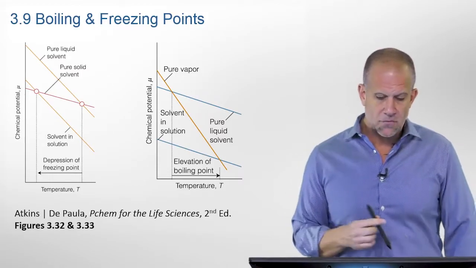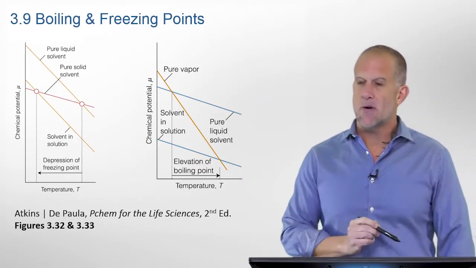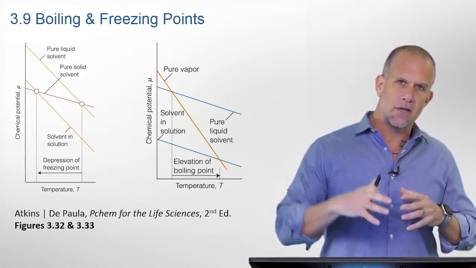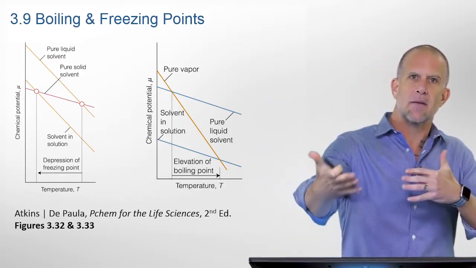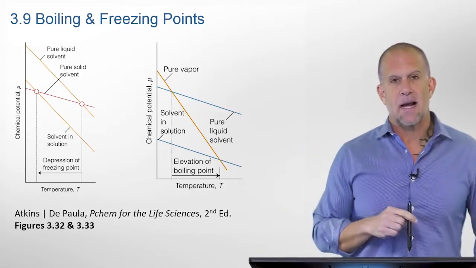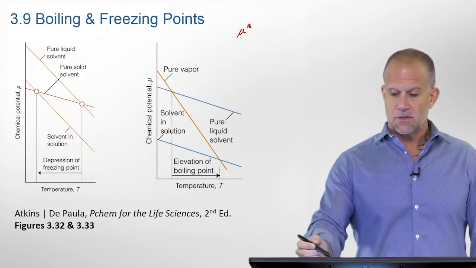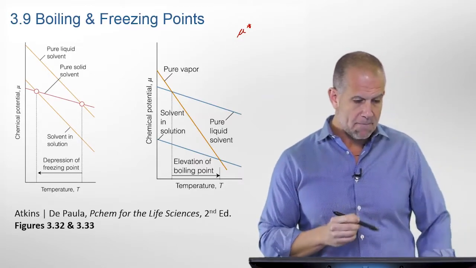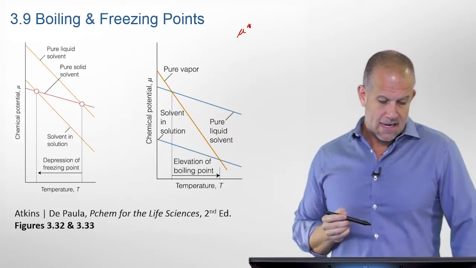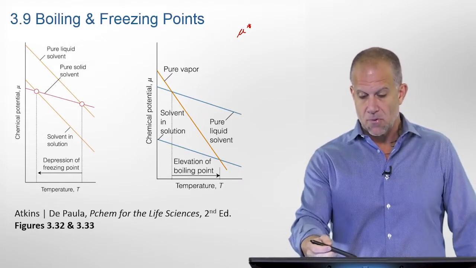And so it first reminds us of some of the freezing point depression and boiling point elevation, but puts it, because now we've more rigorously looked at the chemical potential and how the chemical potential of solutions lowers with respect to the chemical potential of a pure substance, which is usually done with an asterisk. And that lowering will then cause a freezing point depression or a boiling point elevation.